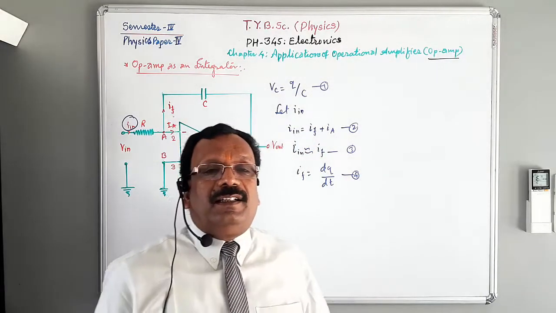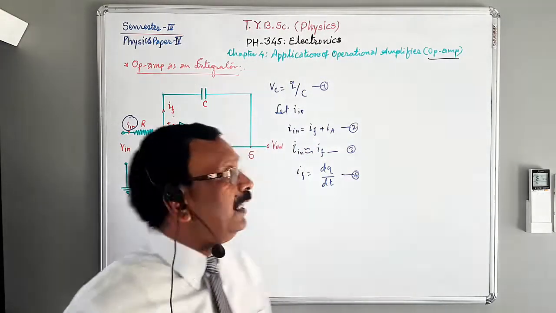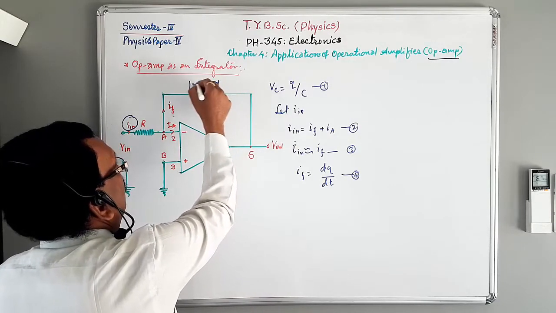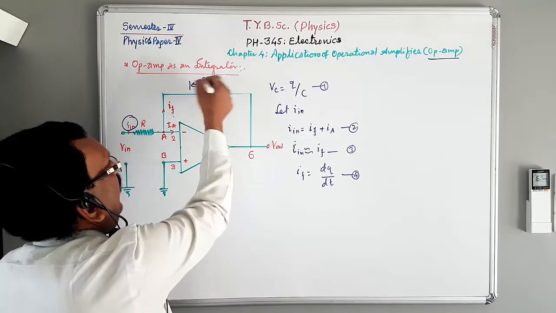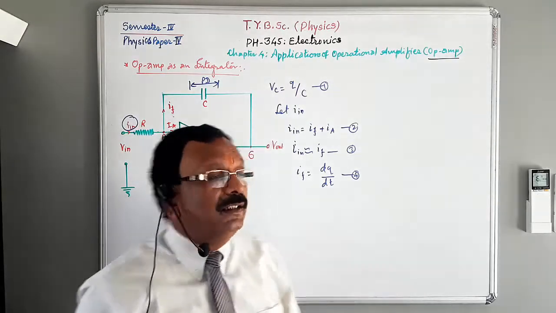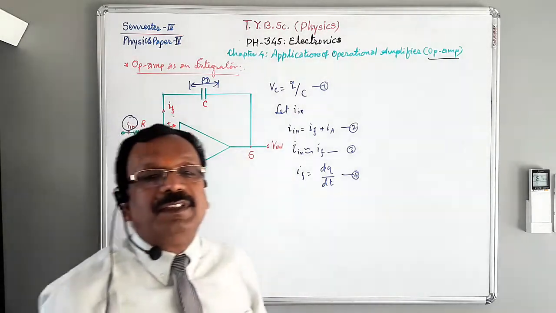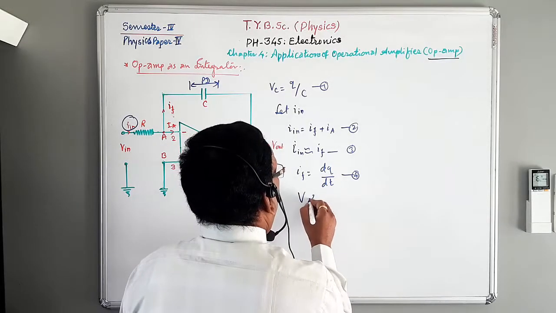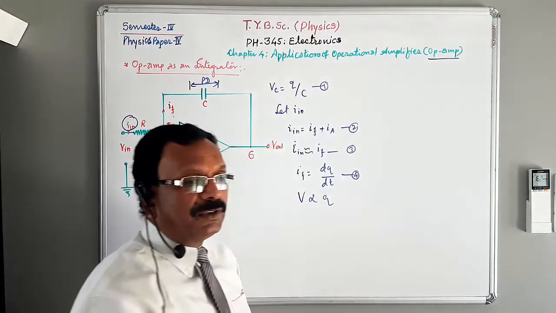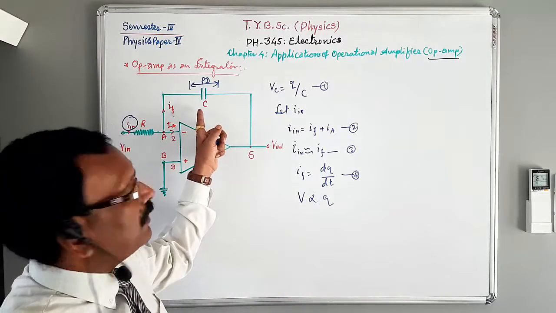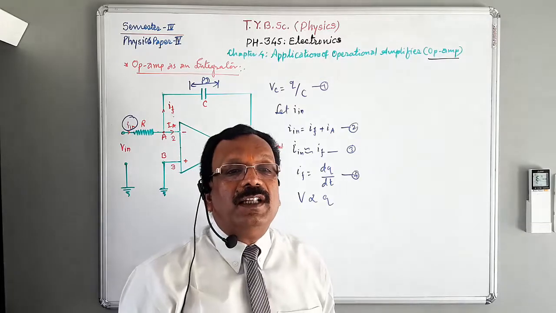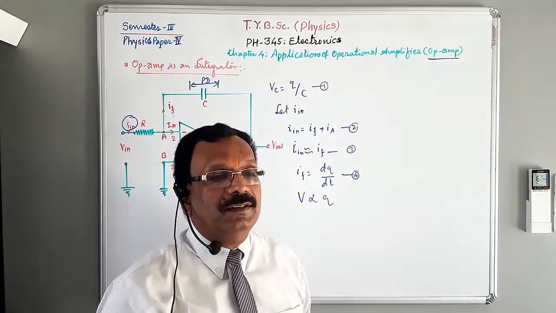Due to this current, the potential difference across this capacitor, that is between these two terminals of the capacitor, V is directly proportional to charge. As charge is increased, the potential difference across the terminals of the capacitor goes on increasing.